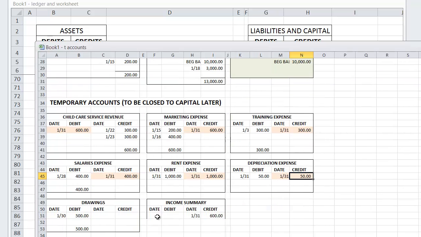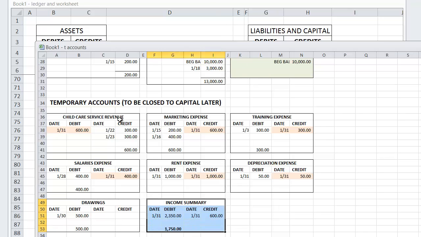So income summary 1/31st, debit of $2,350. So if we subtract $2,350 minus 600, the balance on this account is going to be $1,750. So that's the transaction that we're going to do in the income summary here to close out the accounts.